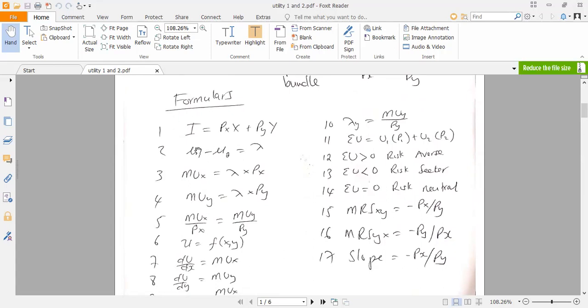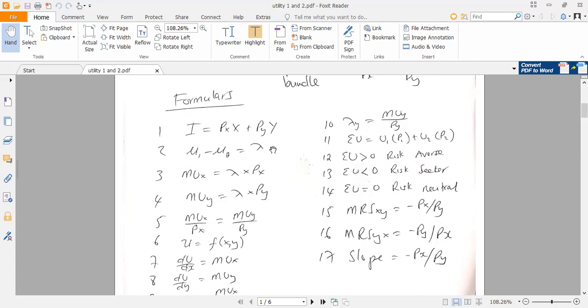The utility 1 and utility 2 difference will give you what is called the lambda. The lambda simply is the impact of an increase in a budget by 1 kwacha. So if your husband has been promoted and was getting 1,000 and now is getting 1,001 kwacha, it means the increase by 1 kwacha has a multiplier effect.